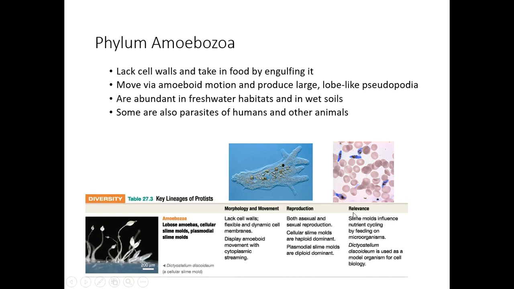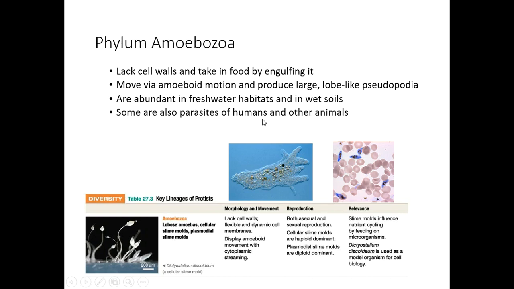If we look at these slime molds, they influence nutrient cycling by feeding on microorganisms. So really, these amoebas can be very important in biological science. They have impacts as decomposers in forests as well.